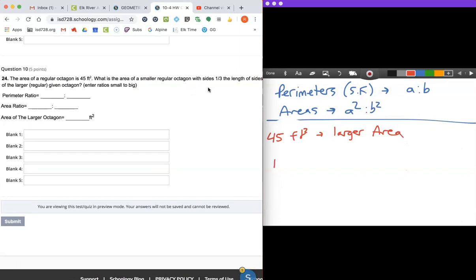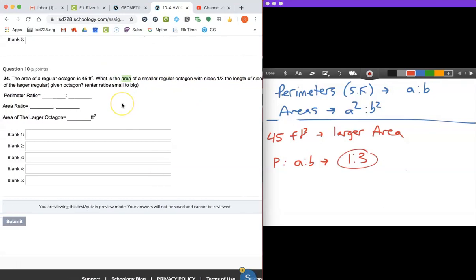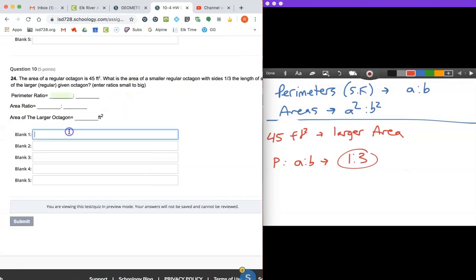So that means if I'm looking at the ratio of the perimeters, they just gave me the ratio of the perimeters. The A to B in this case is 1 to 3. So I need to know that because I'm trying to figure out the area of that polygon. So again, this one's going to take us through the same steps.